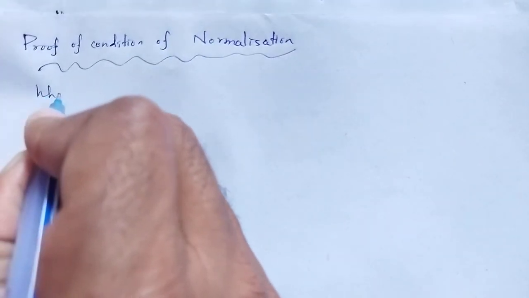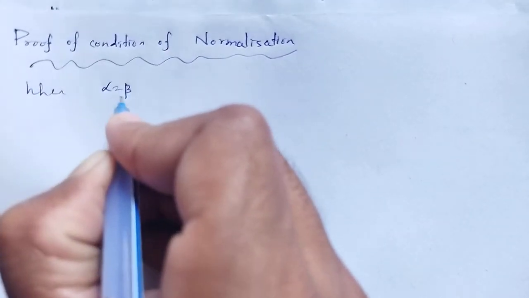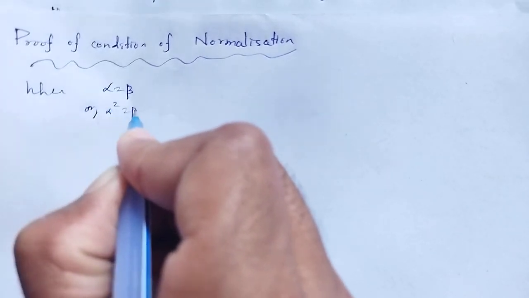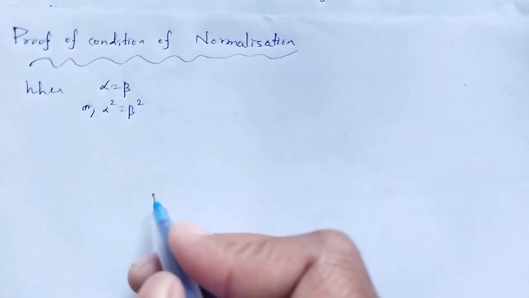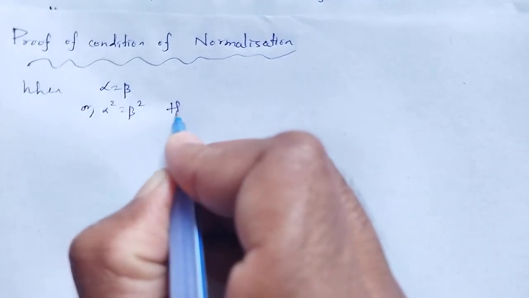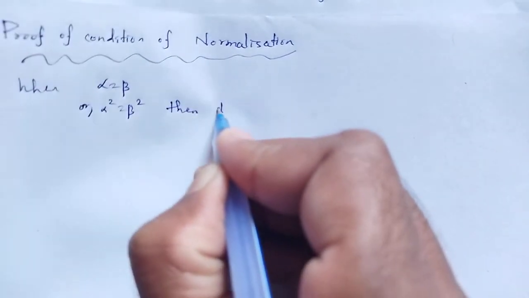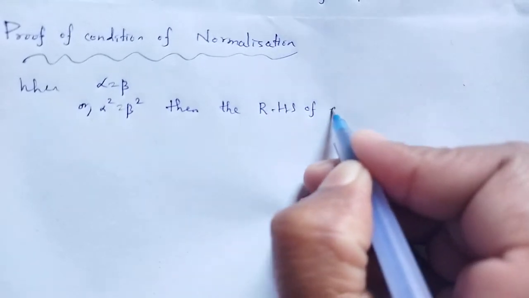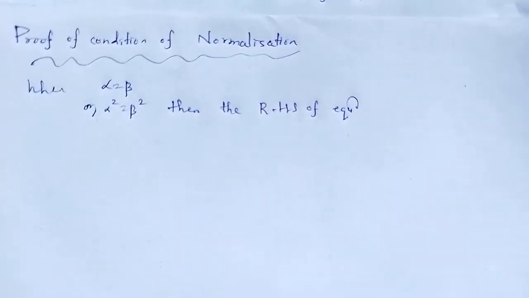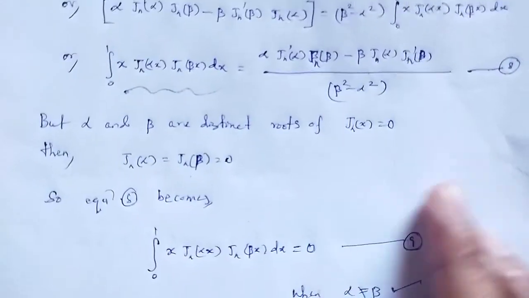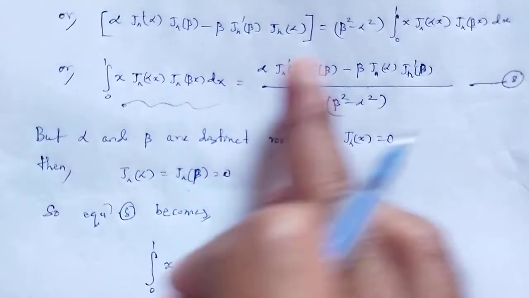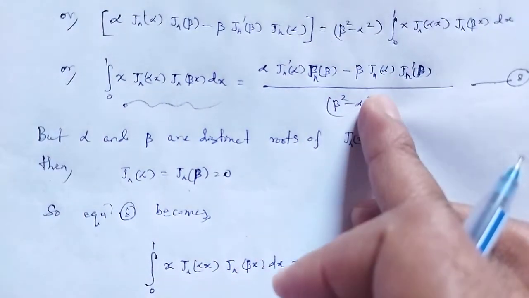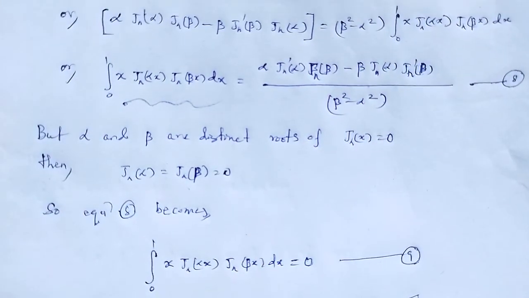That means when alpha is equal to beta, we can say alpha square is equal to beta square. Then the RHS of equation number 8 will be of 0 by 0 form, when we implement beta square equal to alpha square.